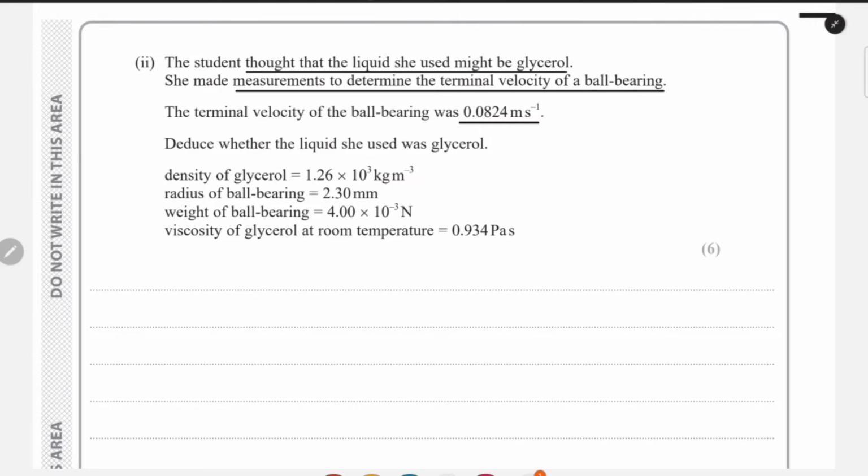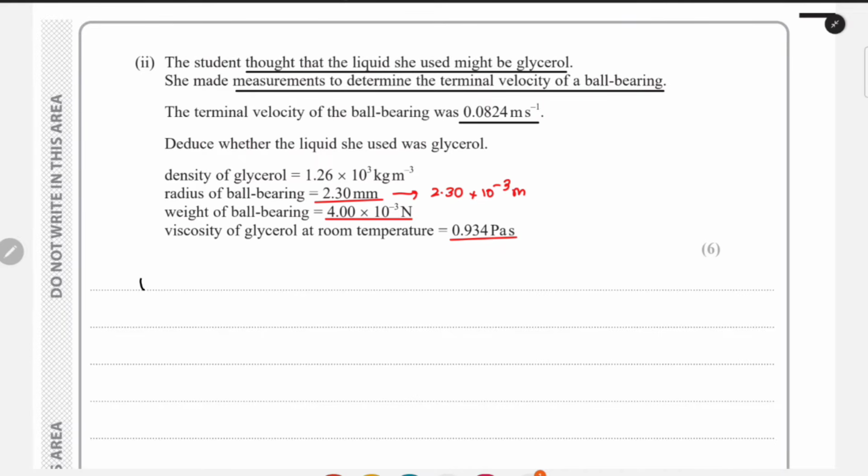We're given that the radius of the ball bearing is 2.3 millimeters, or 2.30 × 10^-3 meters. The weight is 4 × 10^-3 and the viscosity is 0.934 pascal second.